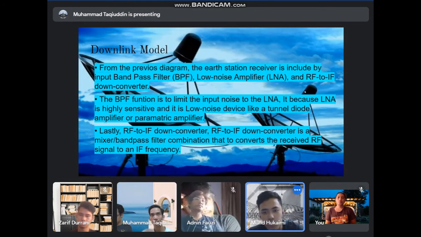It is because the LNA is highly sensitive and is a low noise device like a tunnel diode amplifier or parametric amplifier. And lastly, the RF to IF down converter is a combination of a mixer and baseband filter to convert the received RF signal to IF frequency.